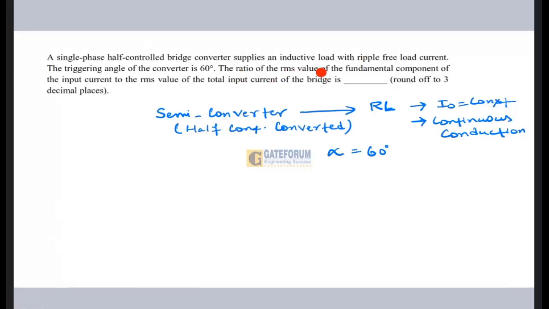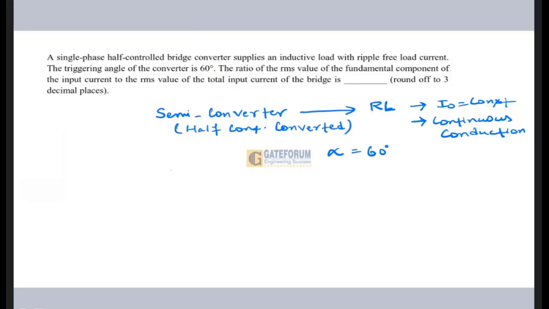They're asking the ratio of the RMS value of the fundamental component of the input current to the RMS value of the output current of the bridge. Okay, so it is a very easy question because we already know the harmonic analysis of a semi converter.